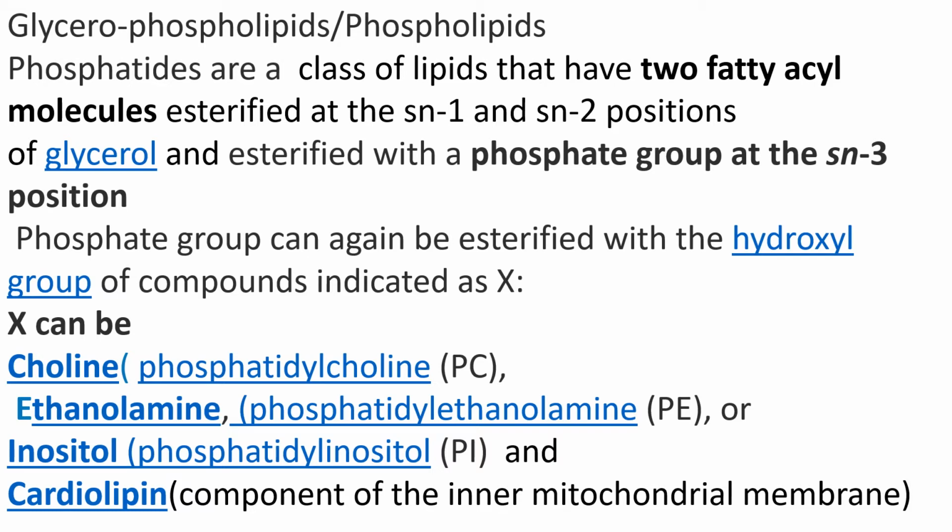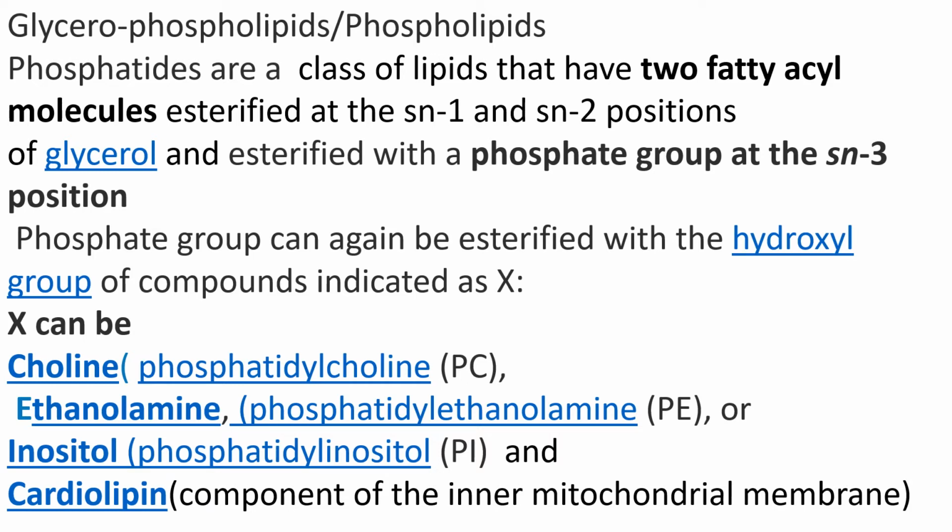Remember, alcohols have an OH group in their structure, and that group which can be attached to the phosphate can be choline. When choline is attached to a phospholipid, then that phospholipid is called phosphatidylcholine or lecithin. This group can be ethanolamine and it can be inositol.